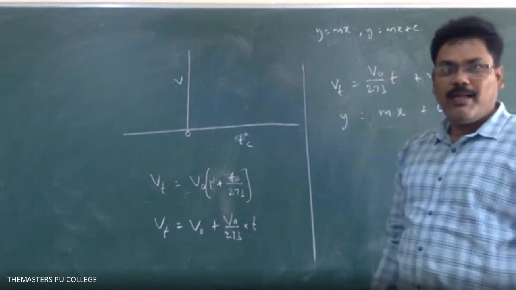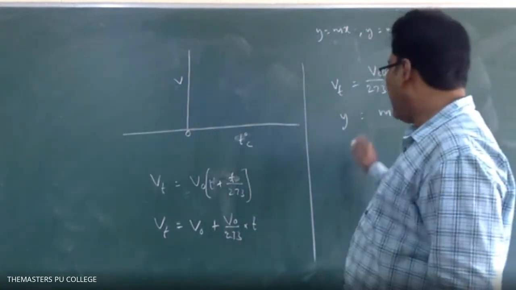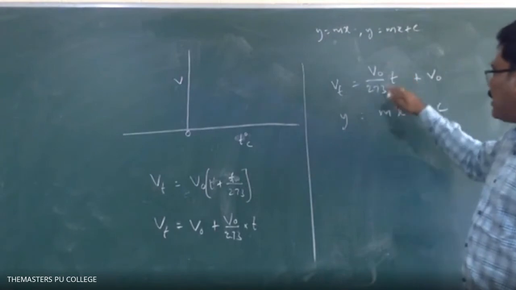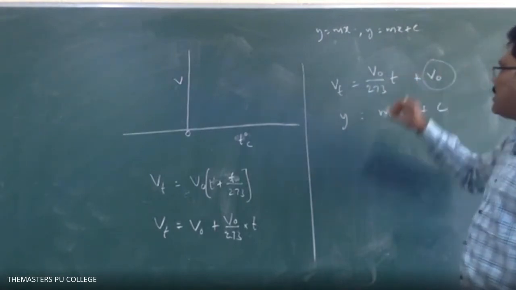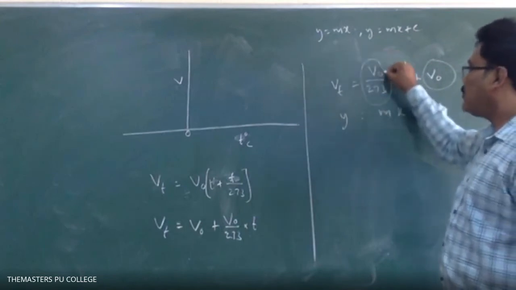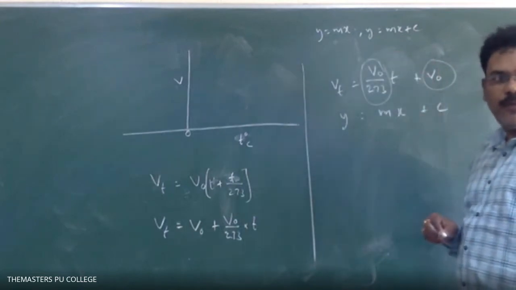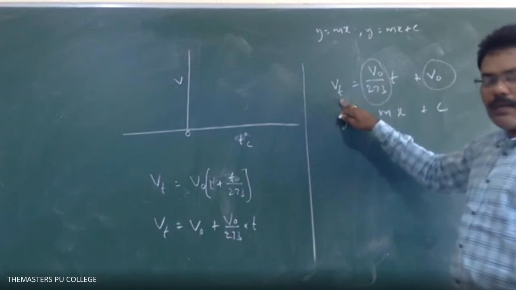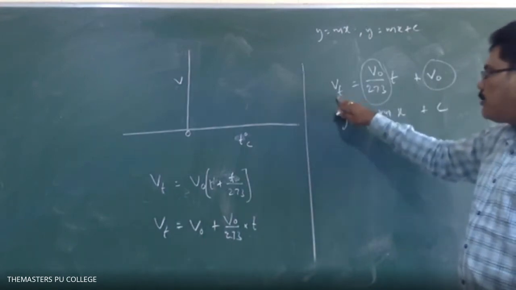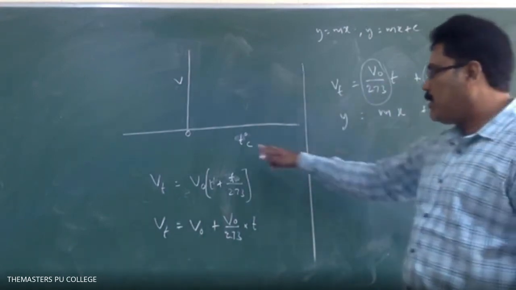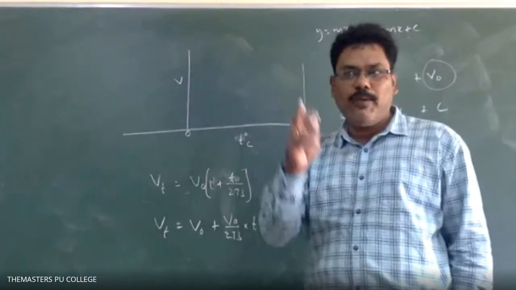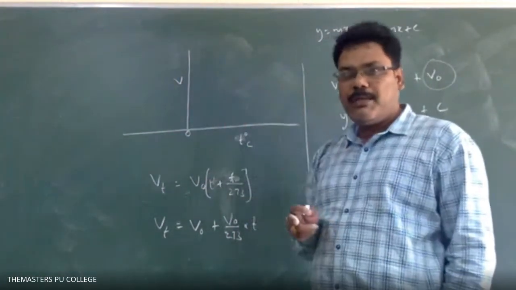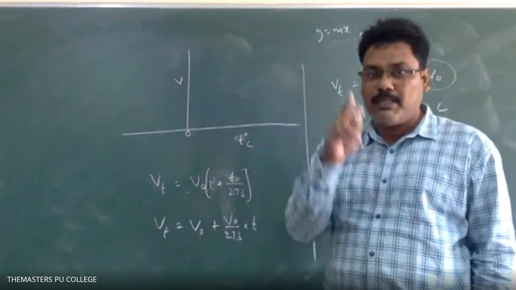So here Vt equals V naught by 273 into T plus V naught. Here V naught is the intercept, and V naught by 273 is the slope. If you plot the graph between volume and temperature T in degrees Celsius, you get a straight line with an intercept and a positive slope.